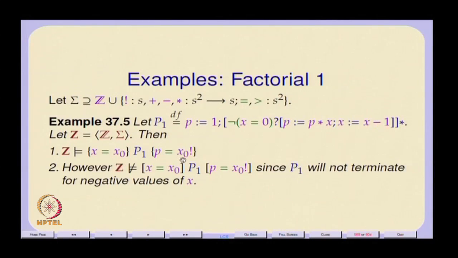Then p would be the factorial of x0. But this partial correctness assertion is correct in the sense that if x0 were negative, then this program would not halt.